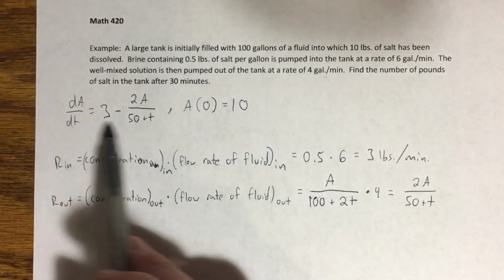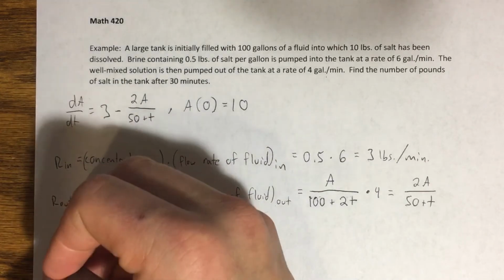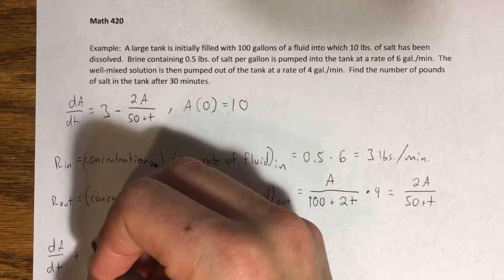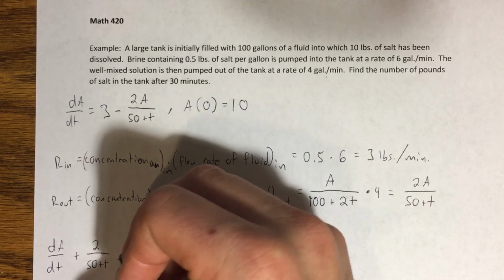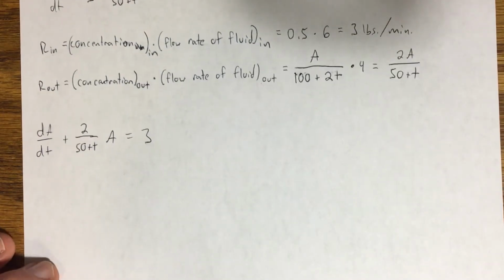I'm going to take this DE and write it in a different form down here. I can write this as dA/dt plus 2 over 50 plus t, I'll bring the A out front, equals 3. What I'm seeing here is that this is a linear DE that I can solve using integrating factors. Notice my p of t is this function right here.